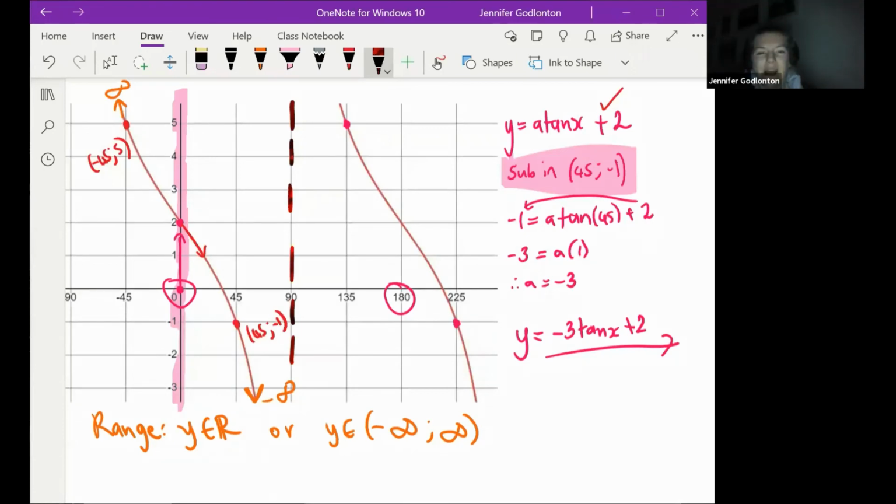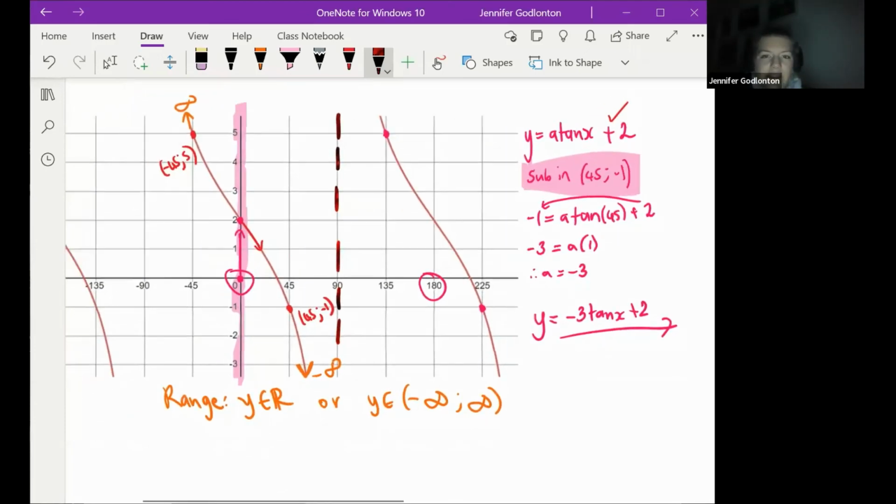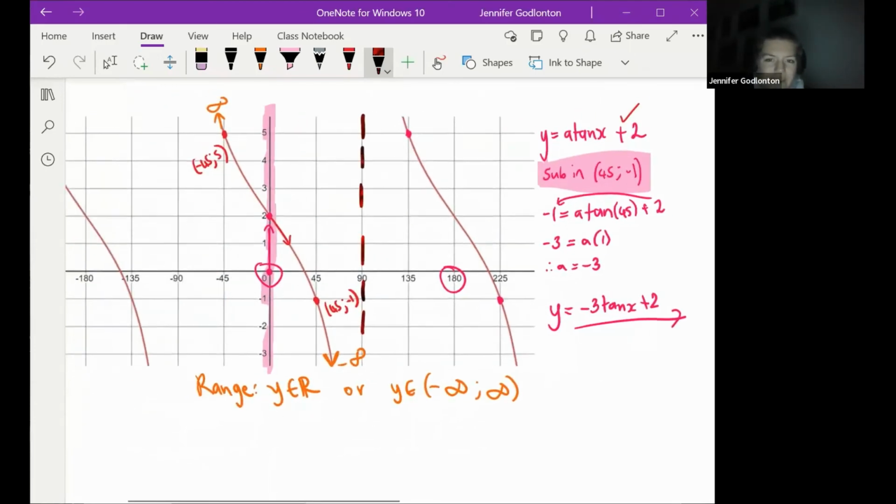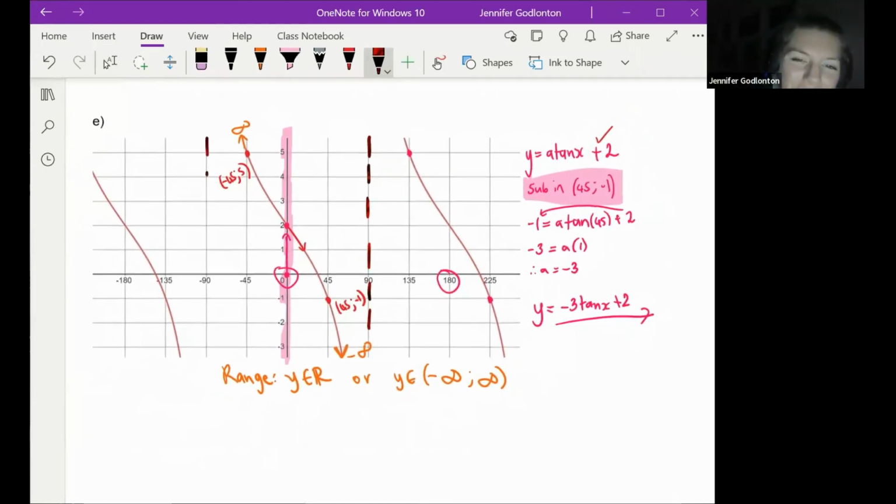What is my domain for what you can see in this graph? Your domain could be much, much bigger, but in what you can see in this graph, let's say it stopped there and there.